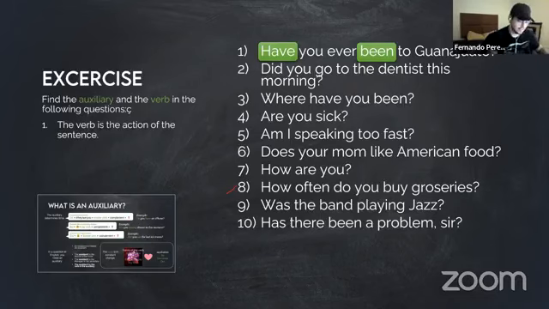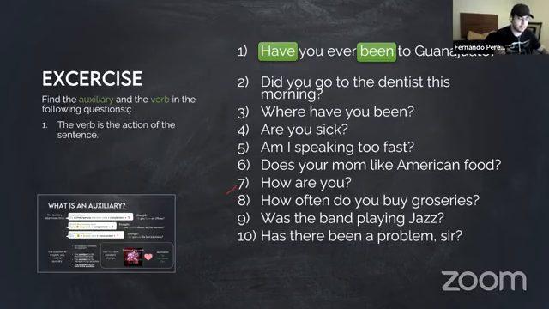Together, we are talking about have plus been. This is structure number 5 in your structures handbook.